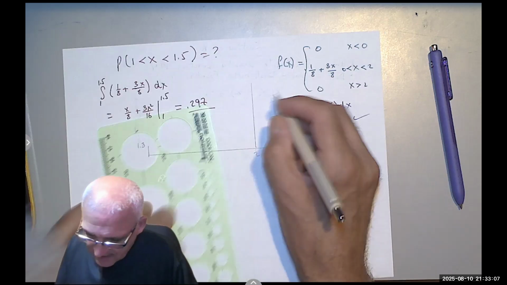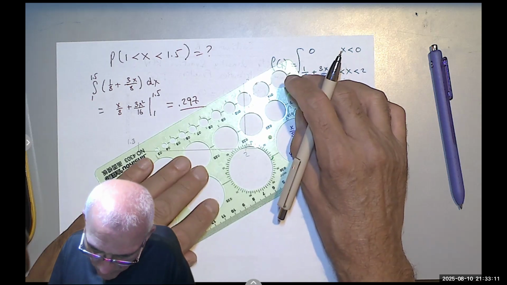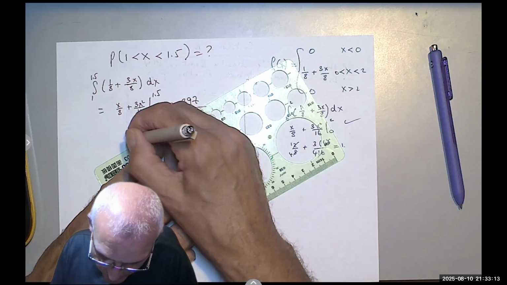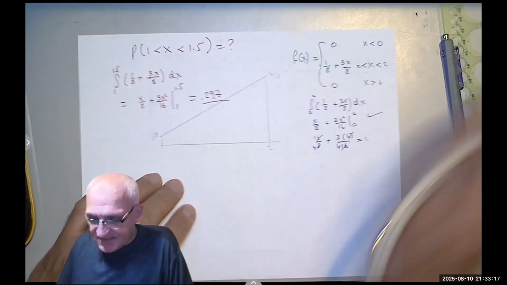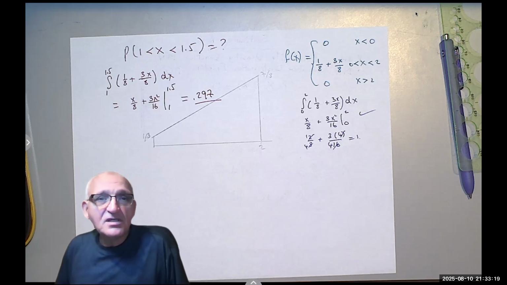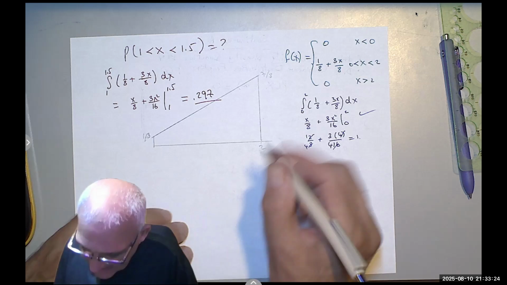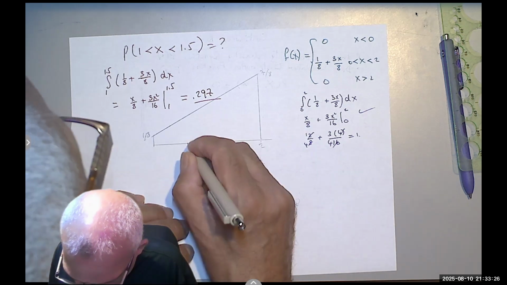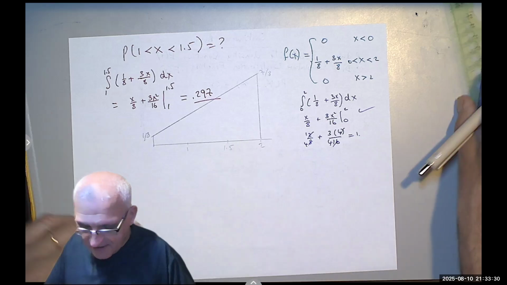So something like that. This is 7 over 8, and this is 1 over 8. And it's as if I'm asking you, where is the centroid? No, I'm sorry, we are not finding that. What is the area between x equals 1 and x equals 1.5? So this area.